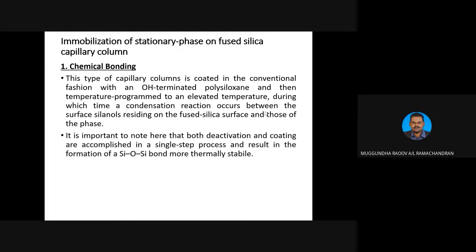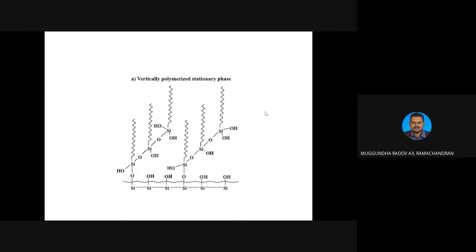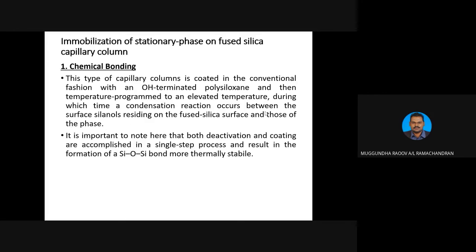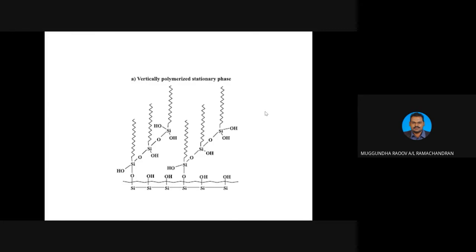It is important to take note that both deactivation and coating are accomplished in a single step process, and it results in Si-O-Si bonds, which are more thermally stable. So class, this is an example of a chemically bonded polymerized stationary phase after the deactivation process.